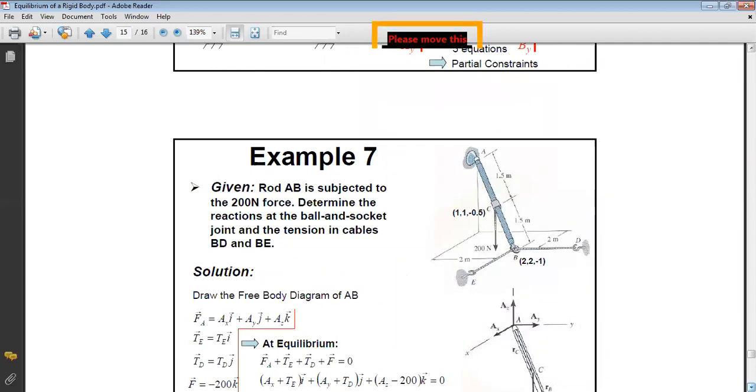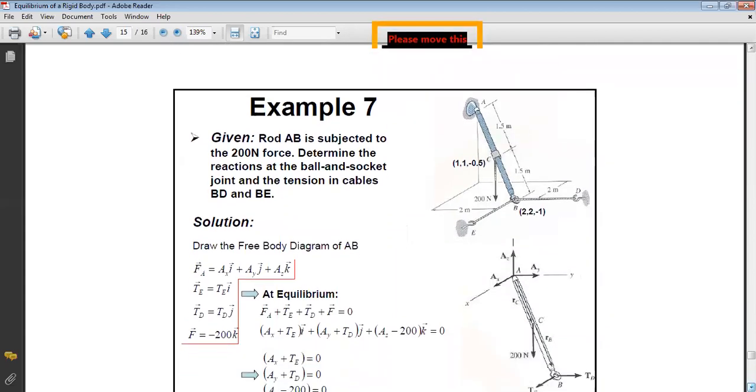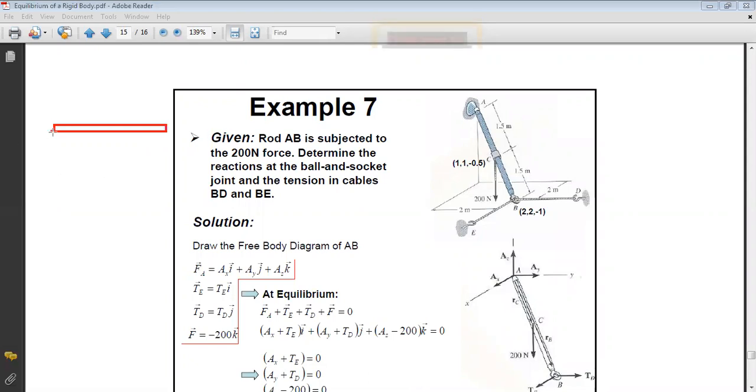Now, let us do an example together. What I want to tell you is, when you have partial constraints, you can have equilibrium in some cases, but not in all cases. Because I repeat, for example, when I gave you the example of the beam with 2 rollers, if you only have force in Y, you will have equilibrium, and you can solve for it by statics, okay? So if you have improper constraints, lack of reactions, it doesn't mean that I don't have equilibrium.